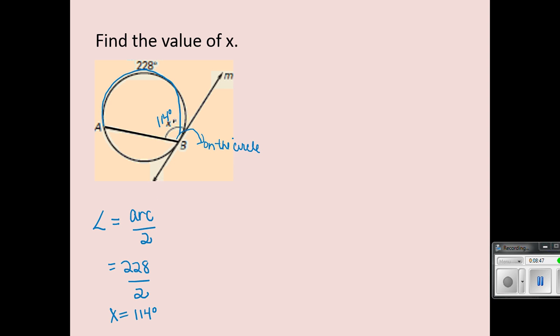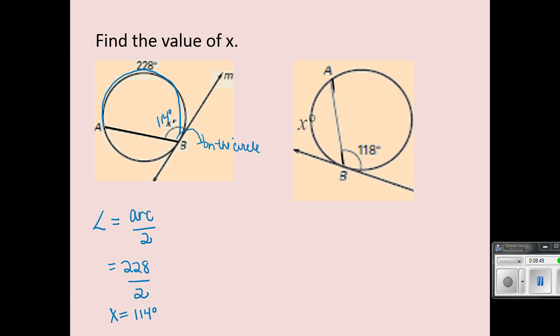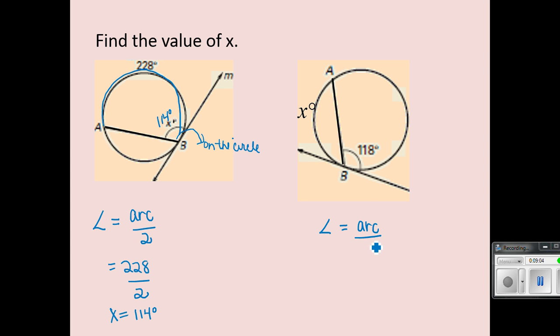Okay. Last example. Please put this one in your notes as well. I have a chord and a tangent, and it's on the circle again. So that means I have angle is equal to arc divided by 2. Okay. I want this arc though. All right. So what do I know about a tangent line or any line? Any line has a degree of 180.